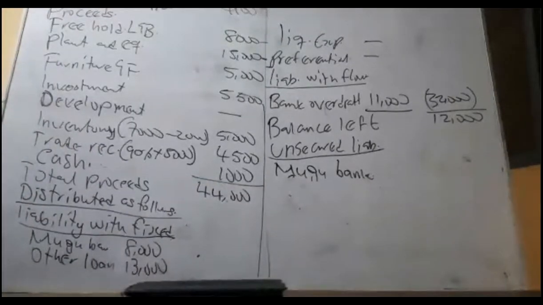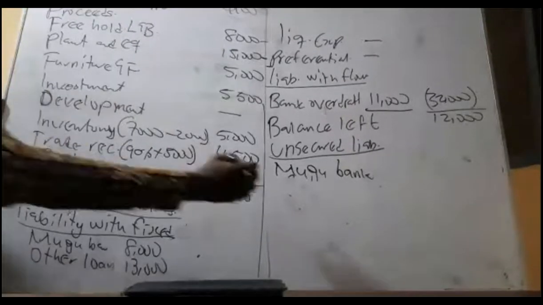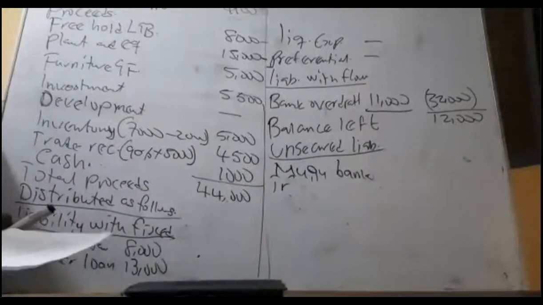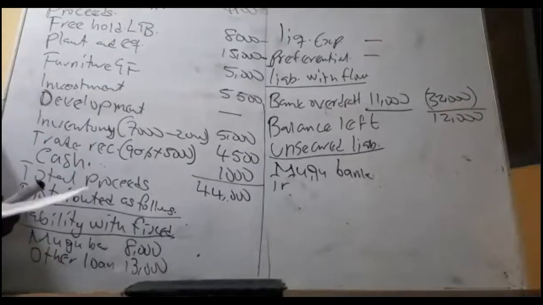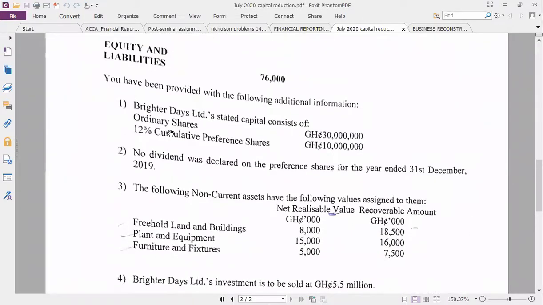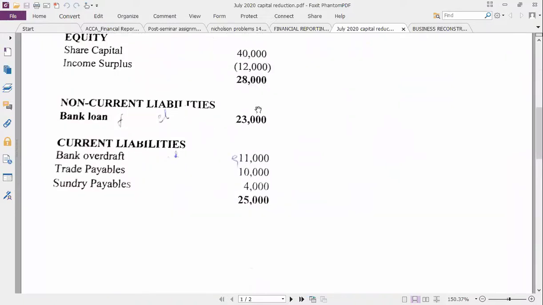The next person on the list: we are done with the bank loan. You go to the current liabilities. We paid the overdraft, so we are left with two: trade payables and sundry payables. The bank loan is exhausted and you've used all of them.